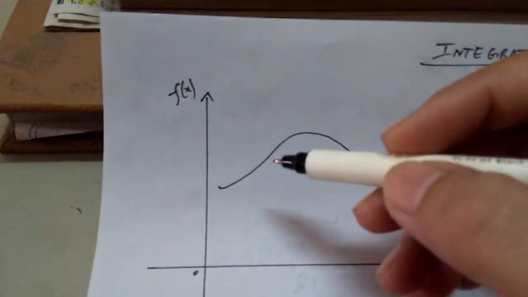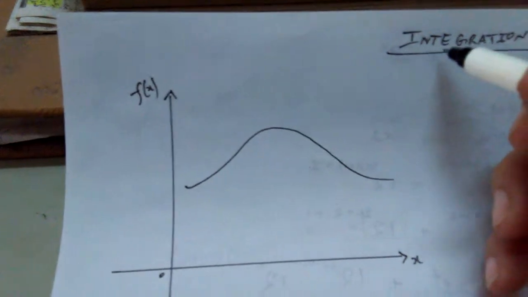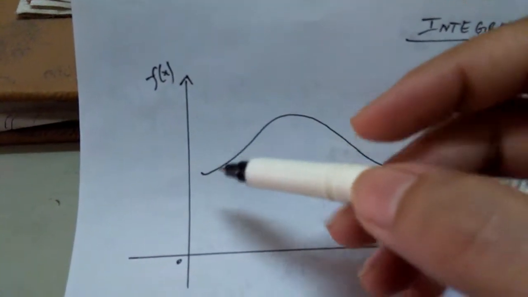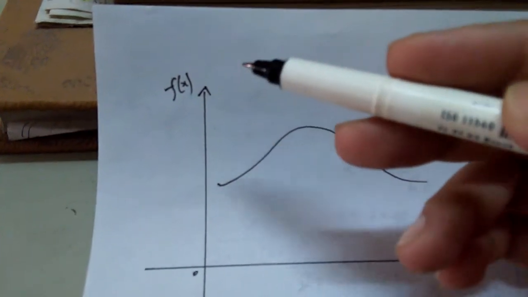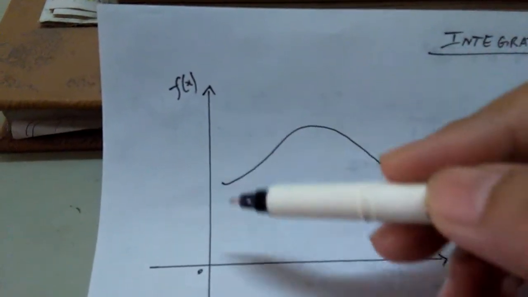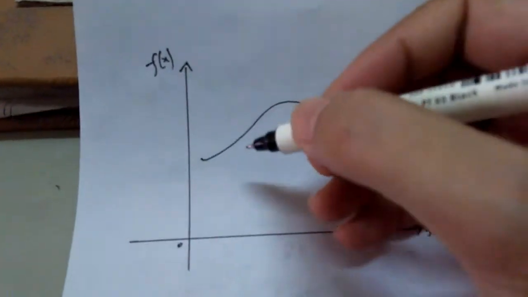In order to understand the geometrical interpretation of integration, let's consider any function, we call it f of x, and once we plot it on graph paper, it gives me a curve like this, just for an example.